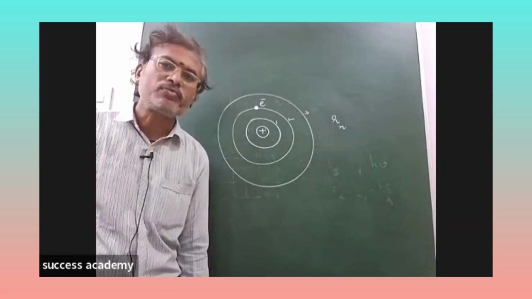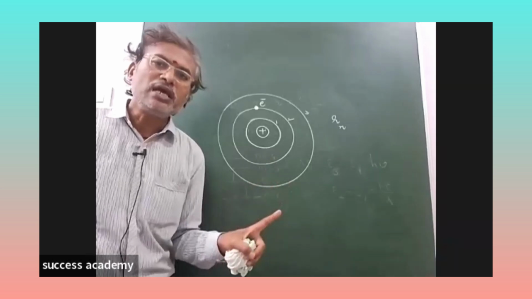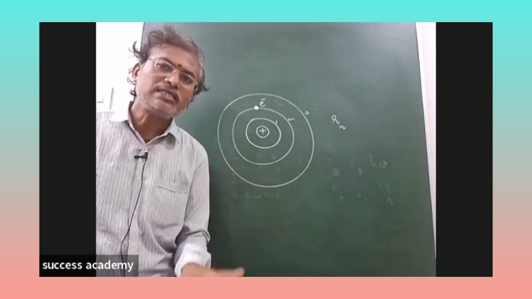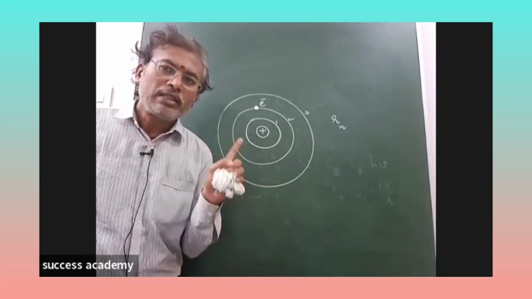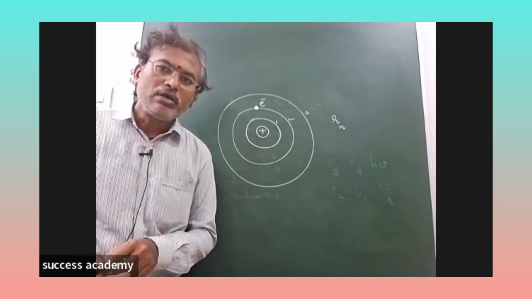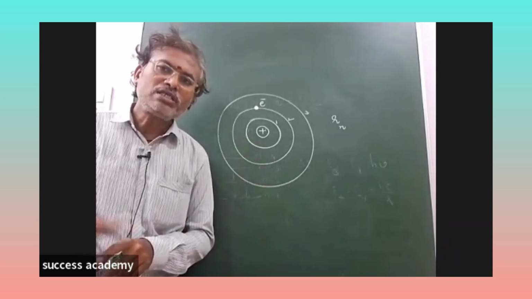That is the condition. Here, if the electron is also revolving around the nucleus, there must be centripetal force and centrifugal force. Then which one provides the proper centripetal force here? For an electron to revolve, there must be a centripetal force.